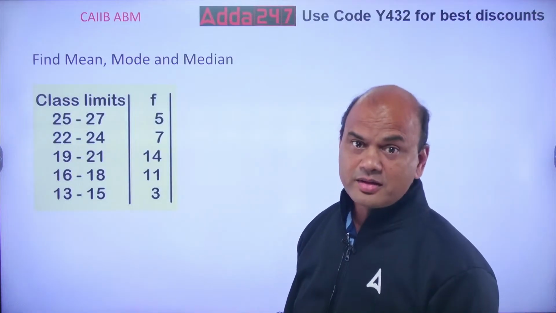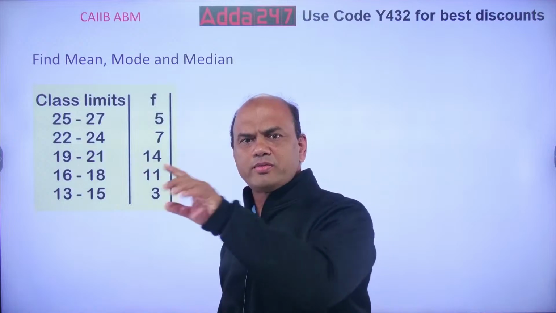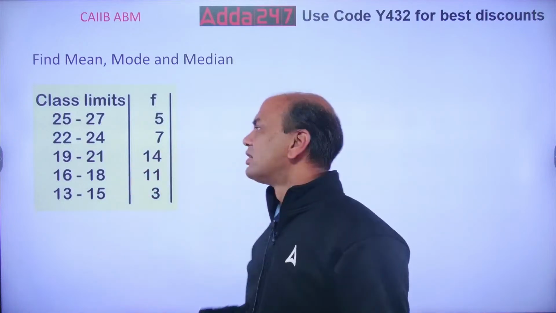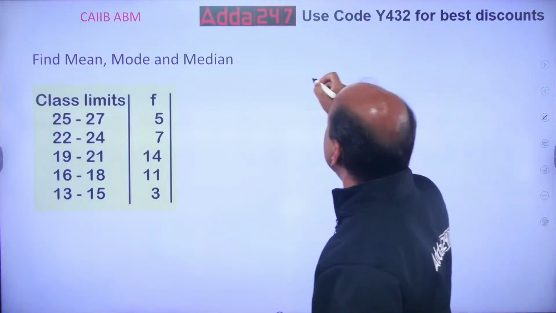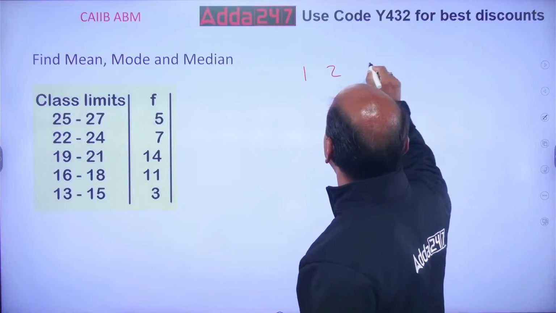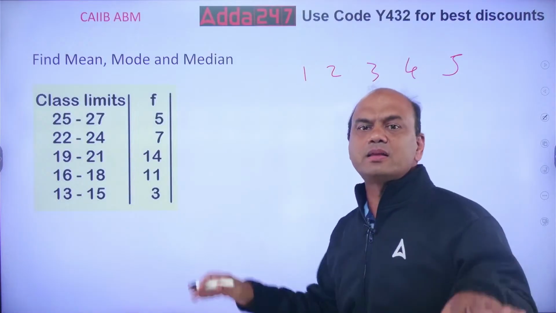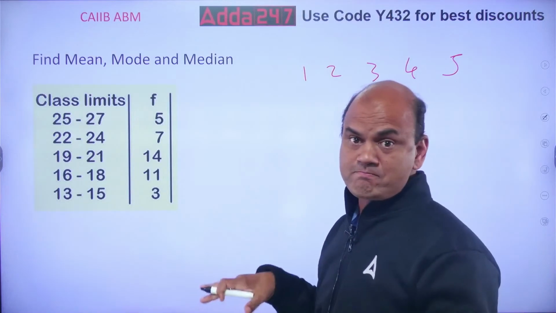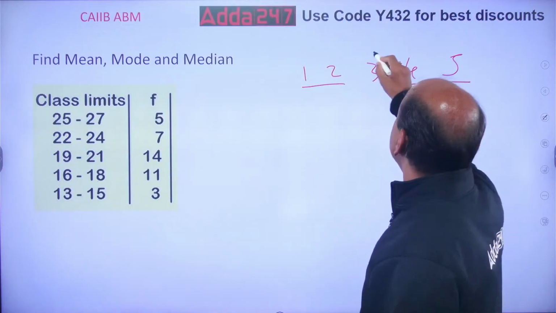Median. Median means arrange them 1, 2, 3, 4, 5 in serial order, and the central number, the balance point. These two gone. Median.